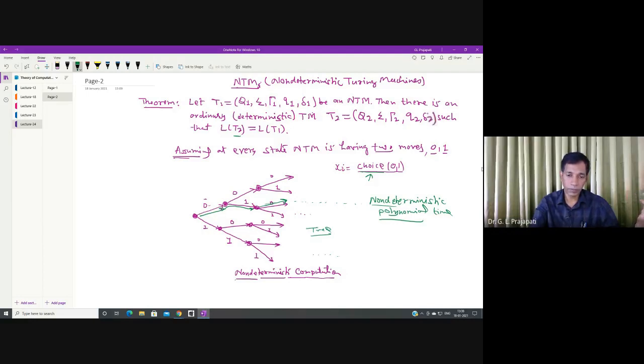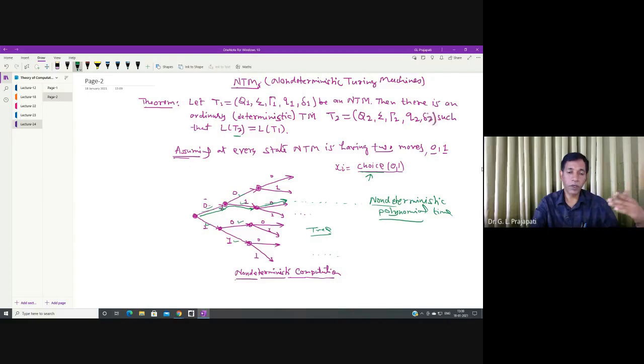Your deterministic Turing machine is supposed to make the sequence of all possible one moves. Say it can go for this choice, then this choice. These are the two possible one moves. Then it can go for all possible sequences of two moves, and if you perform two moves, then you are here, here, and here.